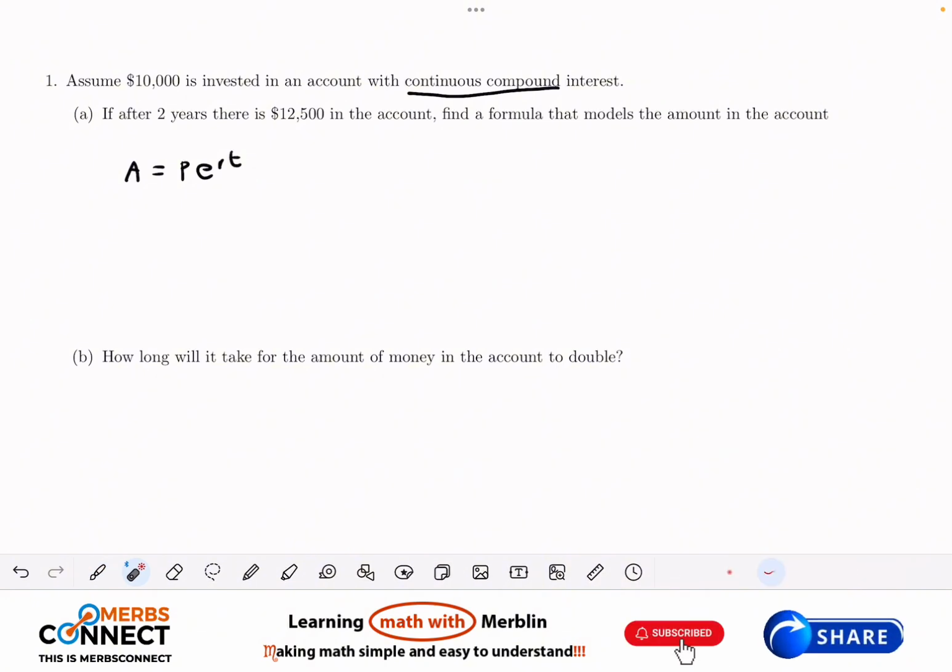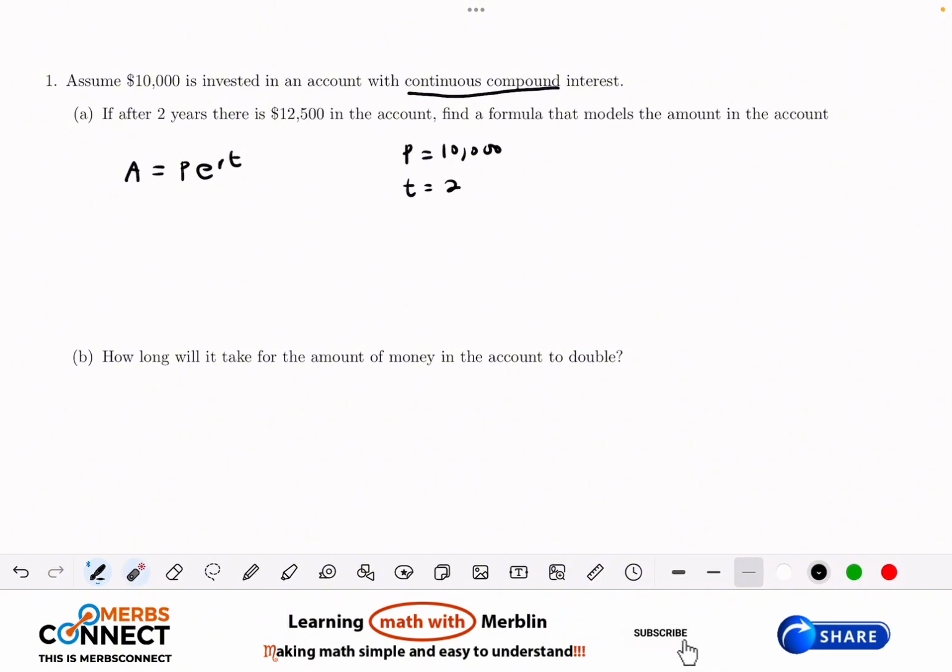Now, I need to look for my various terms A, P, R, and T if they are given. So first, I invested this in the account. So that is the initial deposit. What is the principal? So my P will be 10,000. If after 2 years, so after 2 years means that we have our T, which is 2. That's the time, right?